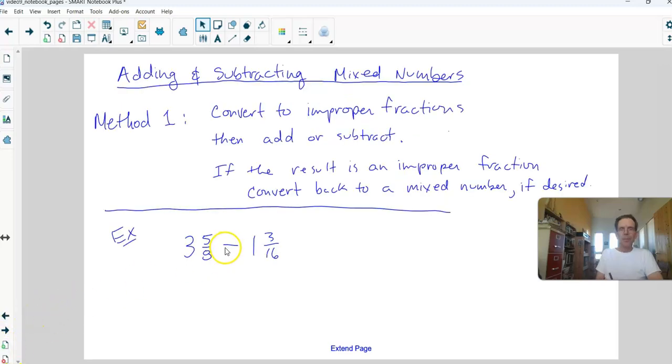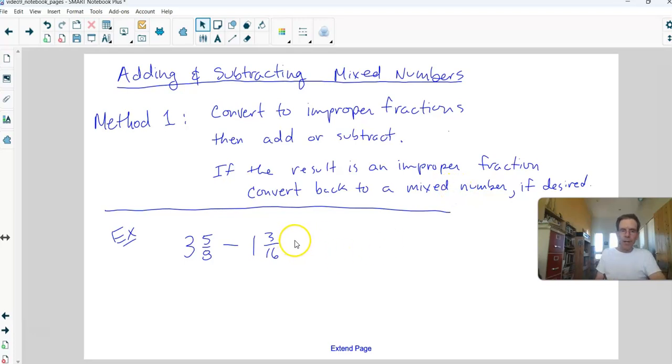Next, let's add and subtract mixed numbers. So method 1 is pretty straightforward. To add and subtract, we're going to first convert these mixed numbers to improper fractions, then do the adding or subtracting, and then if the result is an improper fraction, we'll convert it back to a mixed number if we want to.